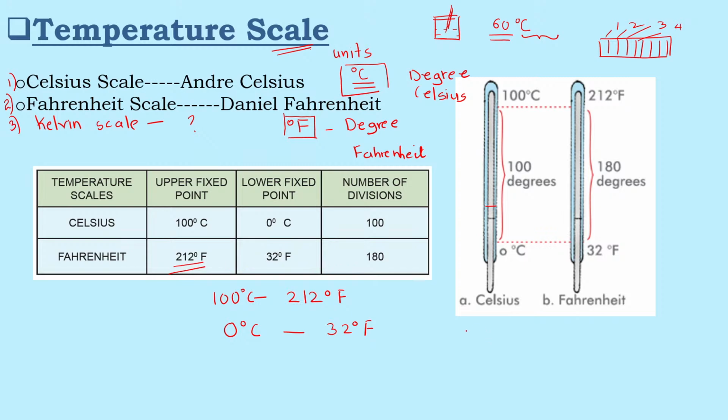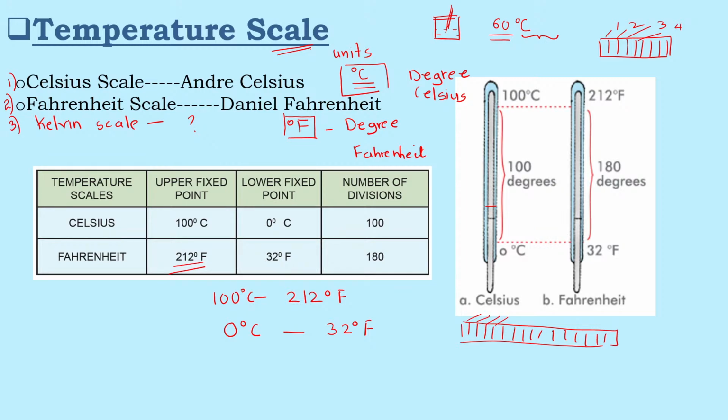When I told you about degree Celsius, that scale has 100 divisions. Here there are a total of 180 divisions, 180 lines. The lowest will be 32, then 33, 34, 35, 36, like that.